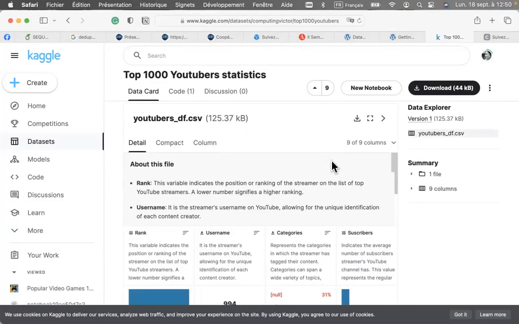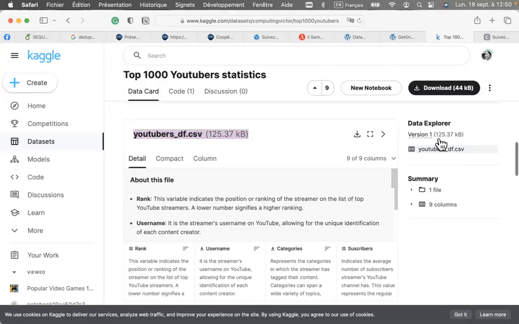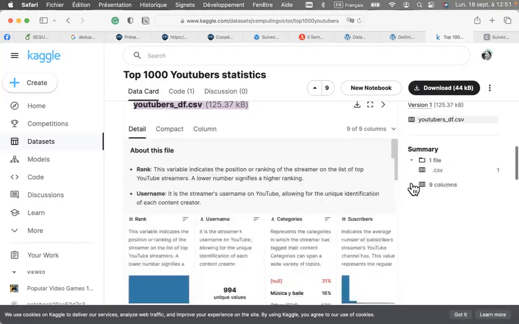When you upload the data set, we will see, I hope, not today maybe, but we'll see next time. So the data set, once you upload it, the system is capable of understanding the format. So it is a file, a CSV file named YouTubers DF, and it weighs 125 and something kbytes. Okay. Well, we are accessing version 1, which is one CSV. It is one file.